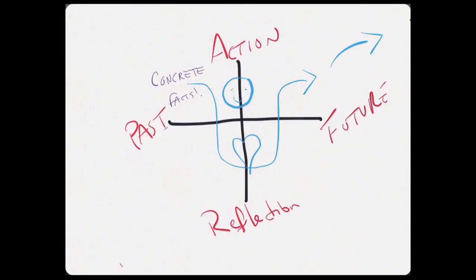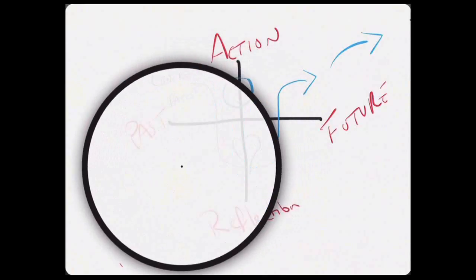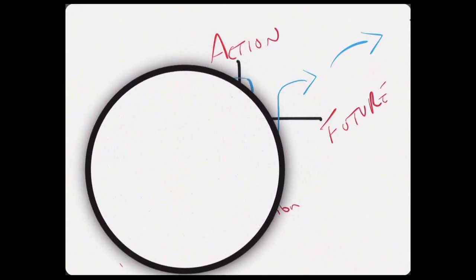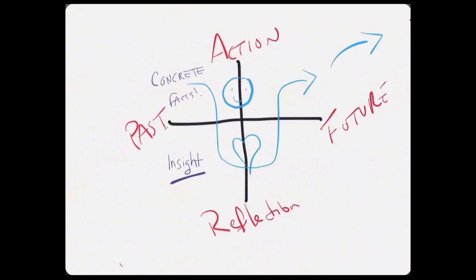Now, when we're reflecting in the past, after we get the concrete facts, in this bottom left quadrant, we're going to get some insight on our past. This is all about evaluating what has happened. Up top we've got some facts. Now we're going to ask ourselves some reflective questions about how we feel about it, looking at it from a critical eye as well.